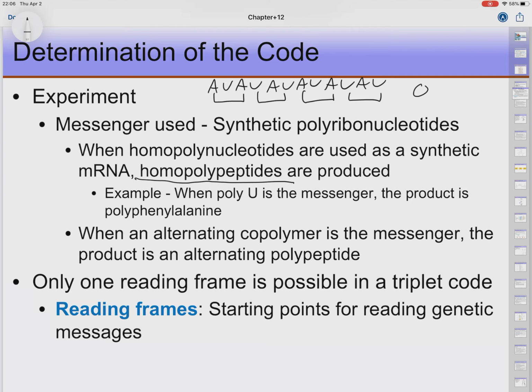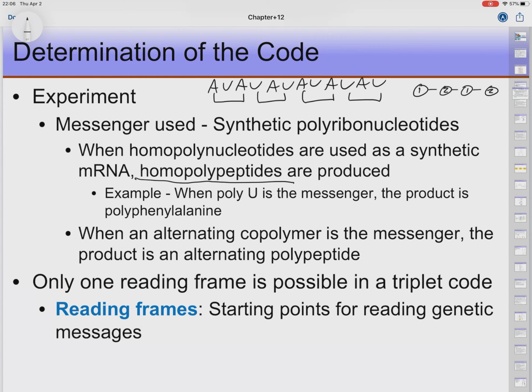So what you end up with in terms of the polypeptide is an alternating sequence of amino acids. This was part of the experiment that helped them figure out that it was a triplet code. Let me explain how that happened. Not only is it a triplet code, but they figured out that there were not multiple reading frames, there was only one reading frame.